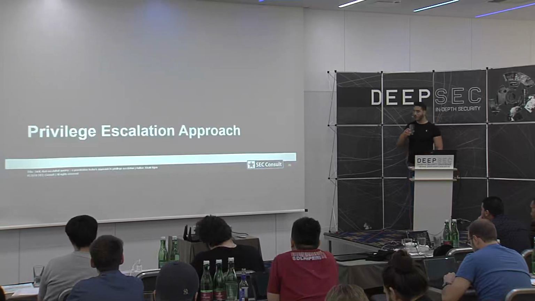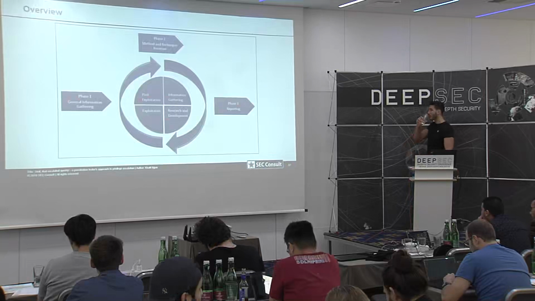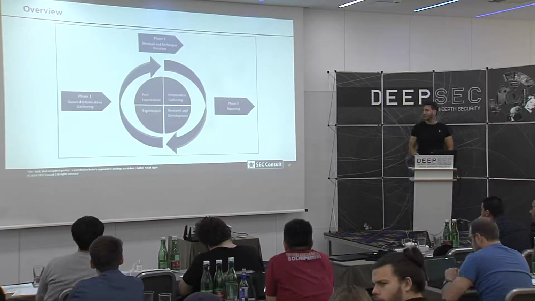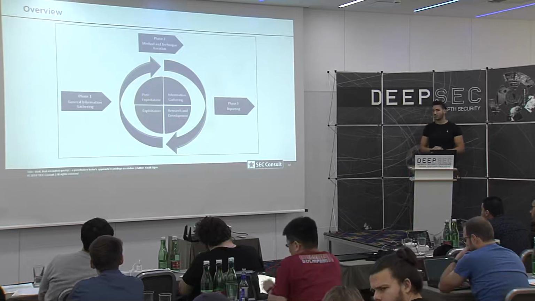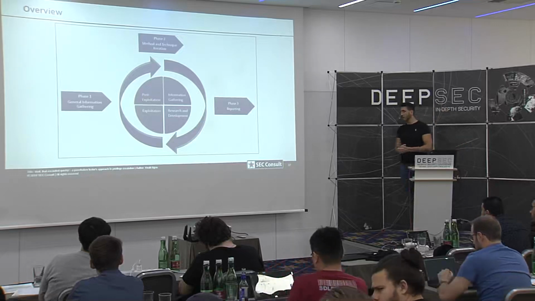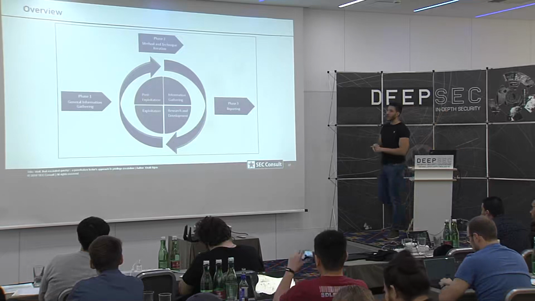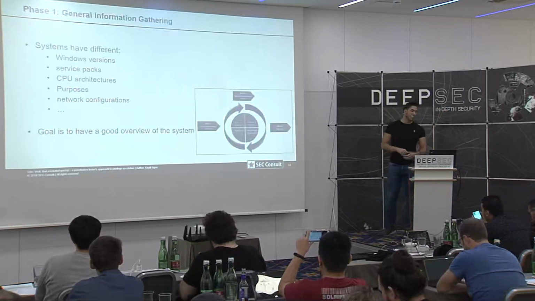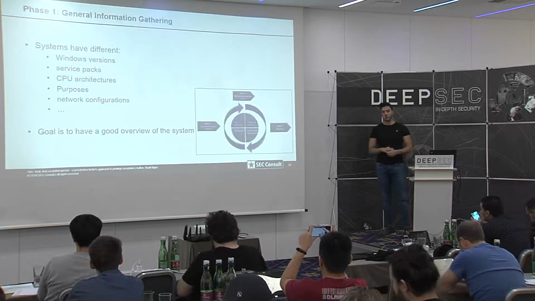Good. So let's come to the privilege escalation approach. In my opinion, this is how a privilege escalation approach should look. The first phase is the general information gathering phase, where you want to know more about the system.